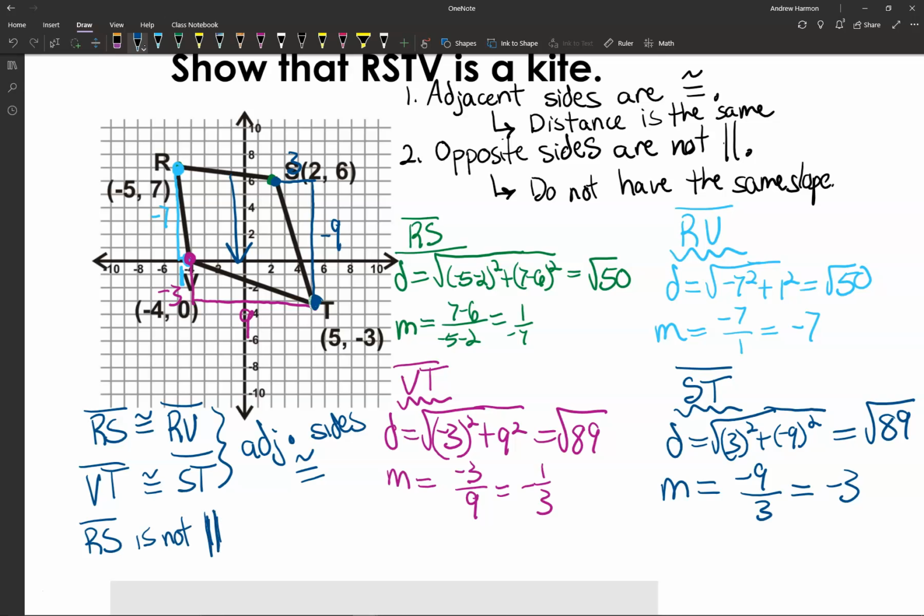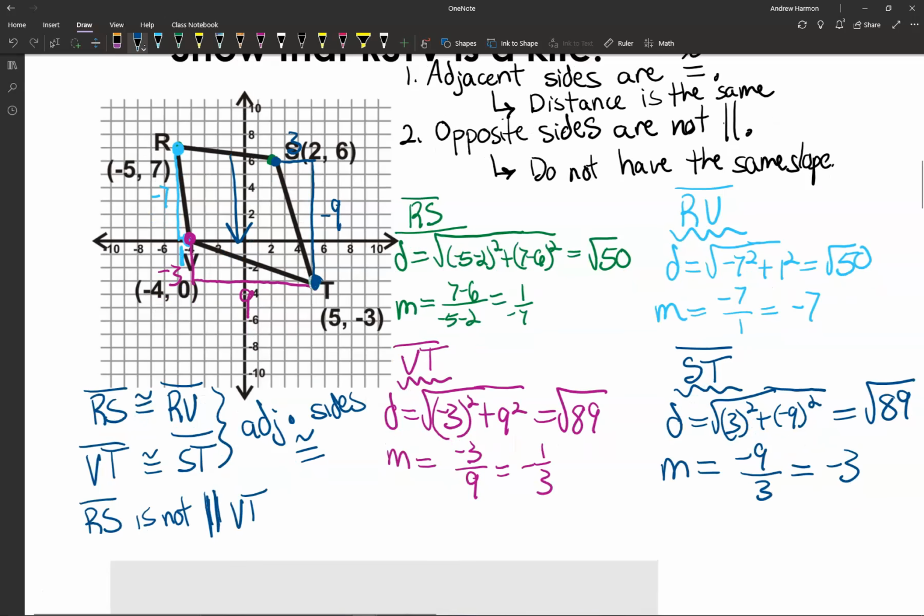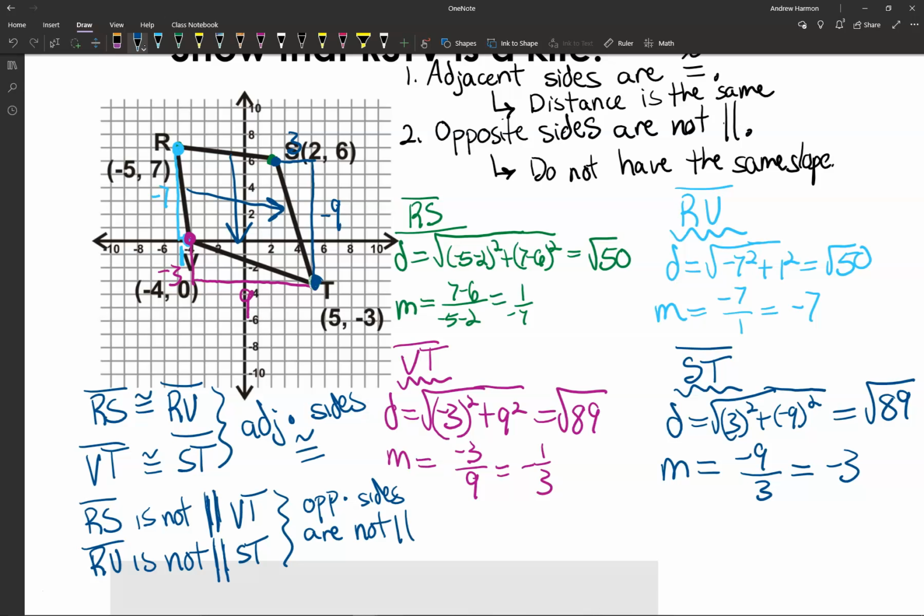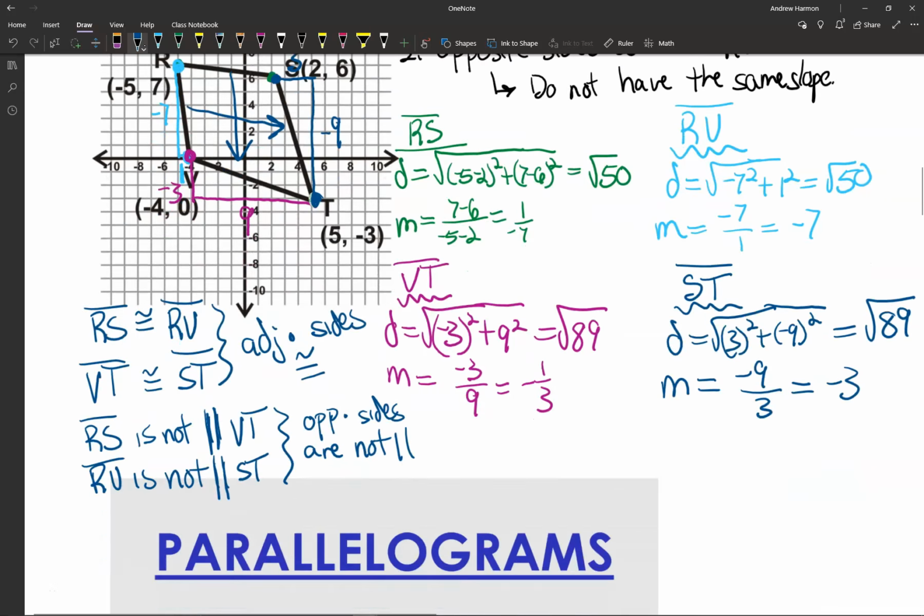Remember, those double bars mean parallel to VT. And RV is not parallel to ST. So this shows that opposite sides are not parallel. Okay? And that's it.